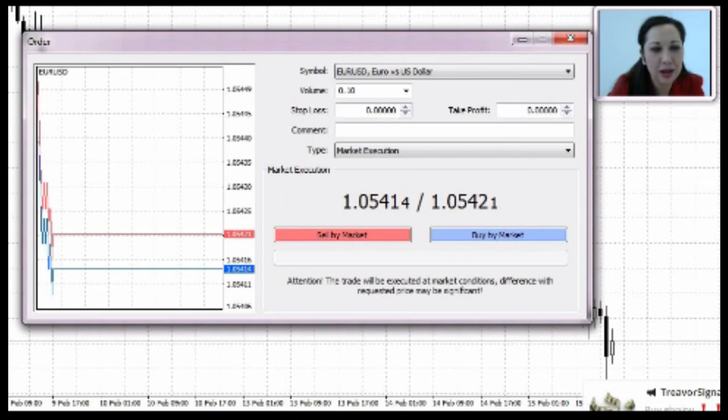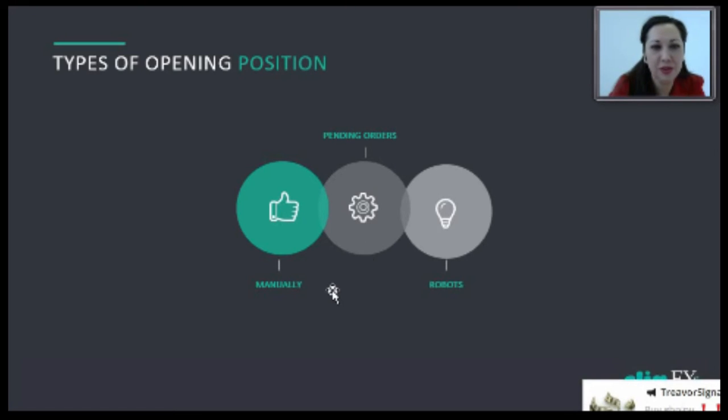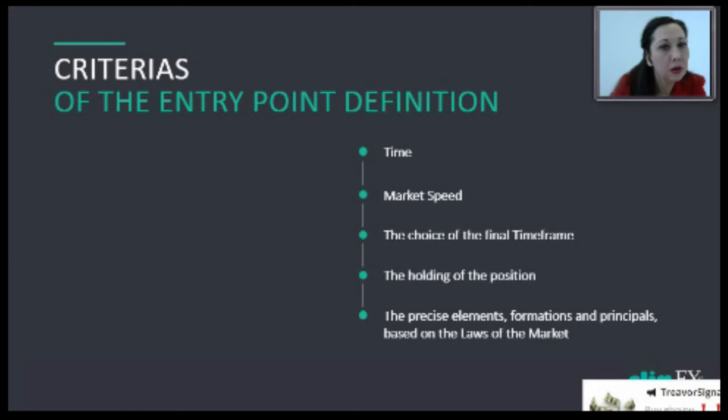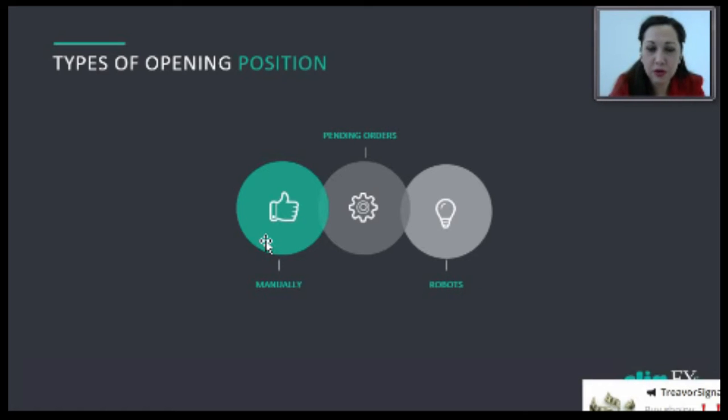But a different type of opening the position is pending orders. What are these pending orders? Let me check, please. These are special orders which help you to open the position when you are not present in front of your computer.